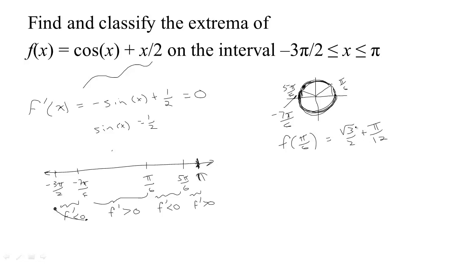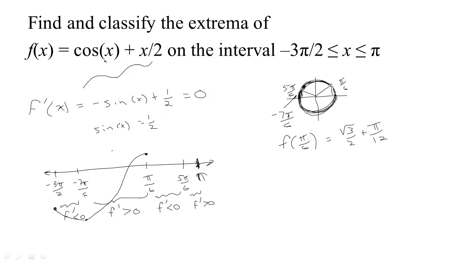Root 3 over 2 is about 1.7, so half of that would be about 0.8, and another 0.25, so this is just a little bit more than 1. So the function's a little bit more than 1 there, and it's moving up until it gets there, and then it's moving down until it gets to 5 pi 6.